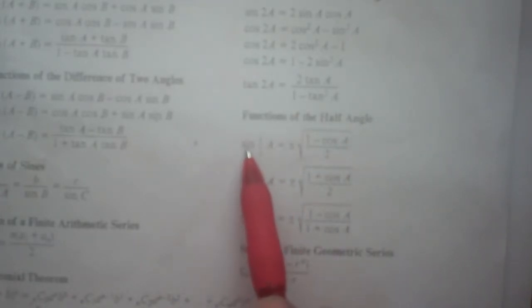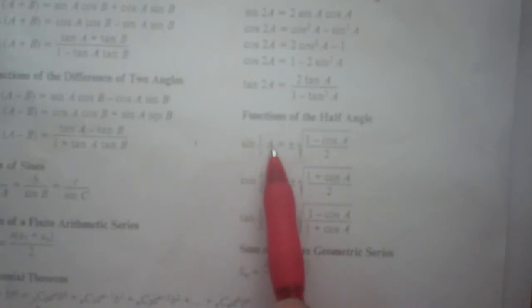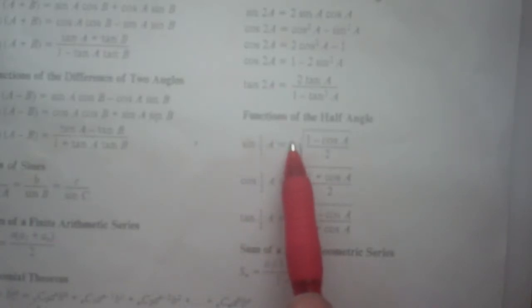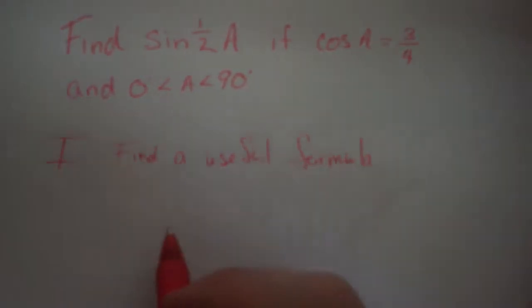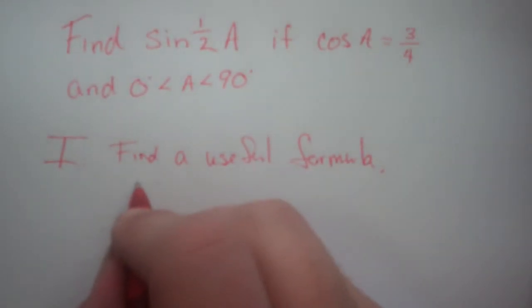Right here, I see a formula that says the sine of 1/2 a is equal to plus or minus the square root of 1 minus the cosine of a over 2. This one seems very likely to be the best formula to use. I'm going to write this down so it's easy for you to read.